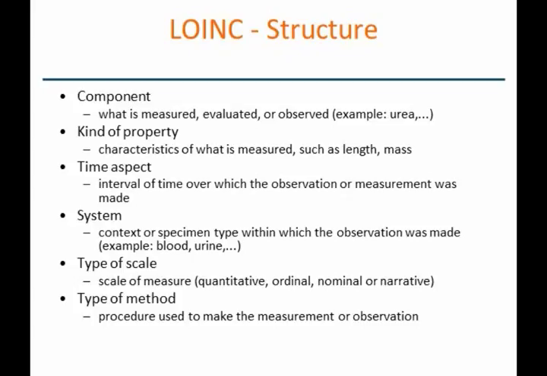Was it blood or urine that the test was drawn from? Give an idea of scale. Is it quantitative, like 4.2, or is it qualitative, 3 plus, or narrative? And lastly, the method. What was the procedure used to make the measurement?